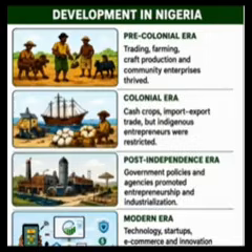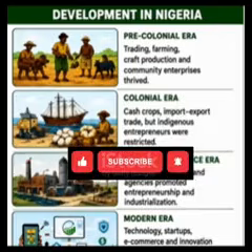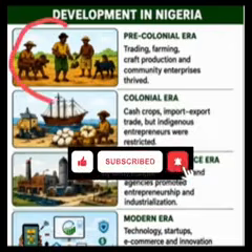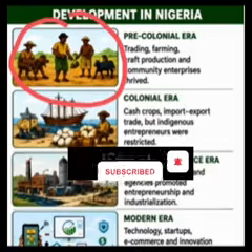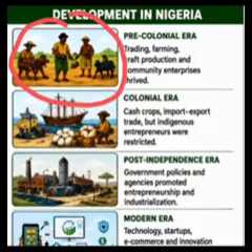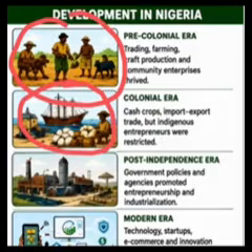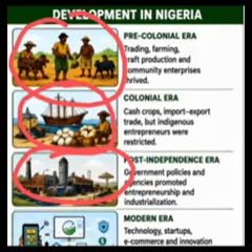The second aspect of the summary of BED 126 is the historical development of entrepreneurship in Nigeria. From the diagram on the screen display, you will see the order in which entrepreneurship has developed over the years in Nigeria: the pre-colonial era, the colonial era, the post-independent era, and the modern era.